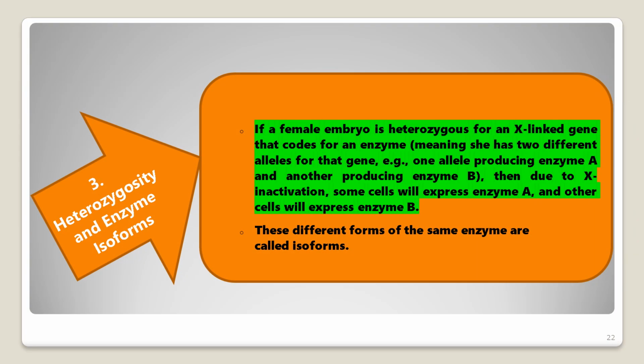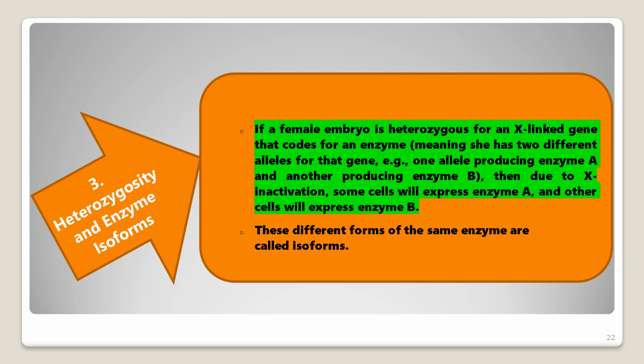Heterozygosity and enzyme isoforms. If a female embryo is heterozygous for an X-linked gene that codes for an enzyme, this means that she has two different alleles for that gene.